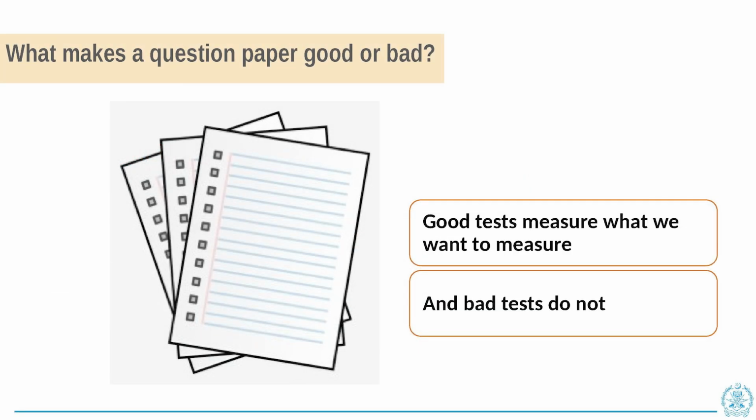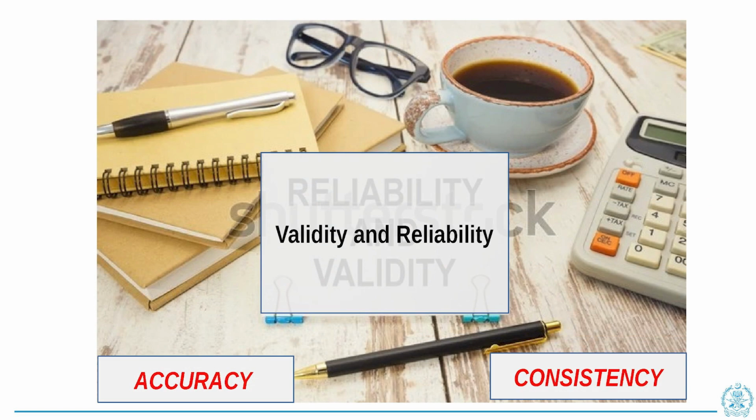What makes a question paper good or bad? The most basic answer to this question is that good tests measure what we want to measure, and bad tests do not. This statement helps us to understand the terms validity and reliability, accuracy and consistency, the two main principles of good testing.